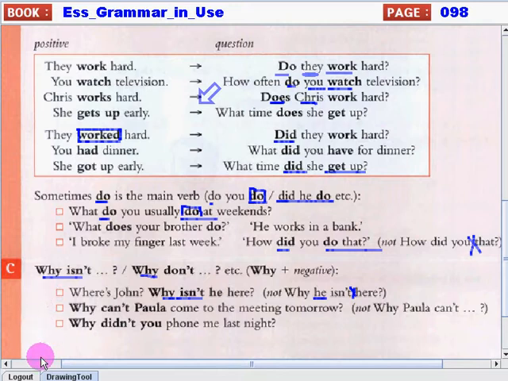Why first, plus our first verb, is or don't, and then our subject and our main verb, when we make a question starting with why. Okay? Because we're not just making a statement, we're making a question. So we have to put our first verb here before our subject. Why can Paula come to the meeting tomorrow?